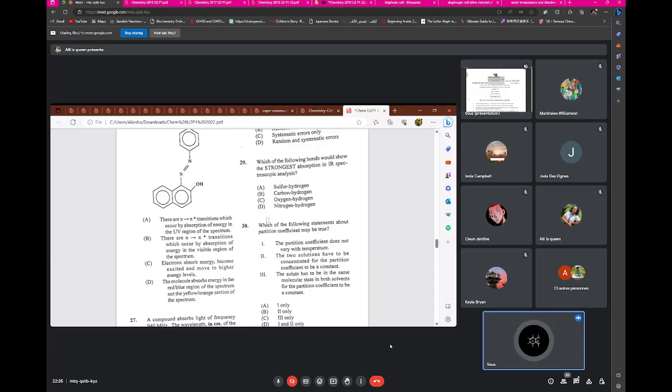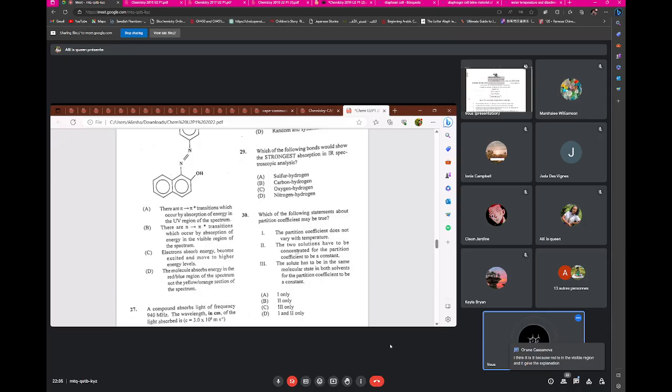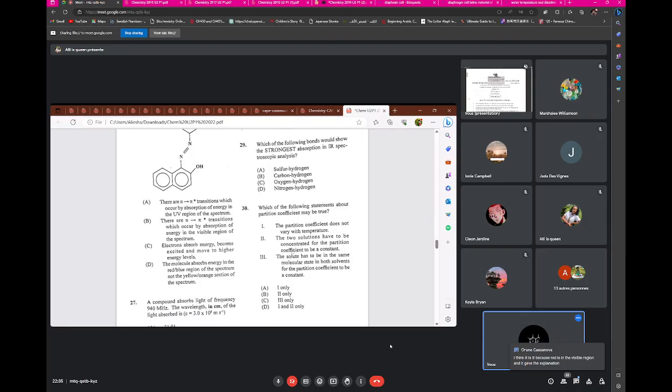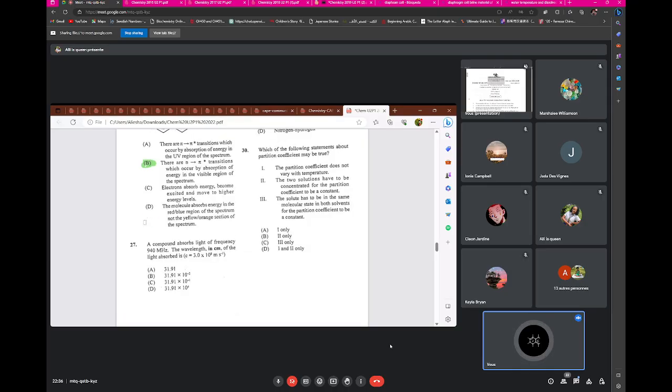If D is out, I think B is the better one out of the last three. Okay, alright, B. That one now we know the answer to be without the exponent, so that should be fine.